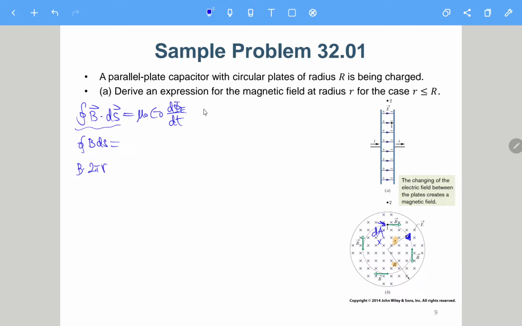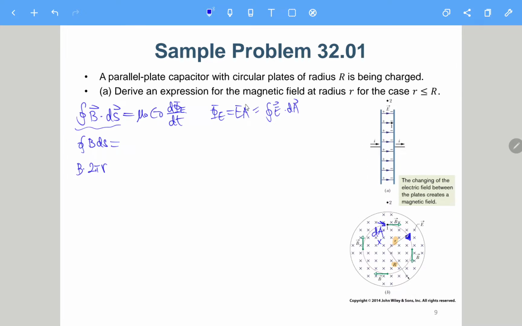Okay, so here we have phi_E should be E times A, because we already assumed that E and A are parallel, and E is uniform over the whole area. So actually it should be equal to this surface integration.